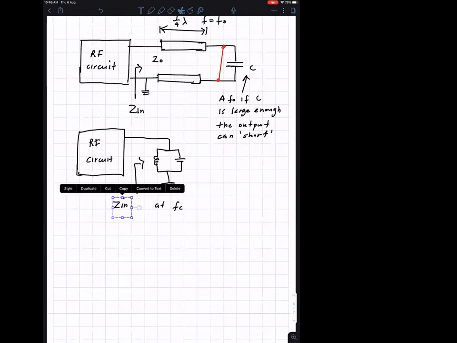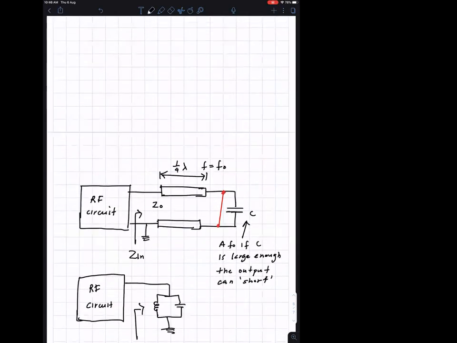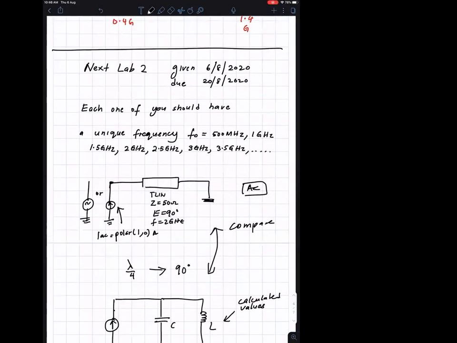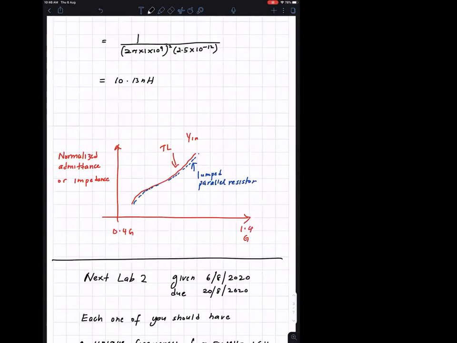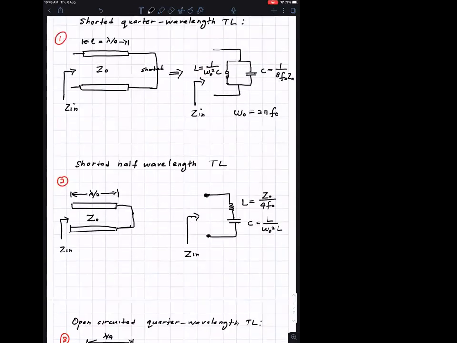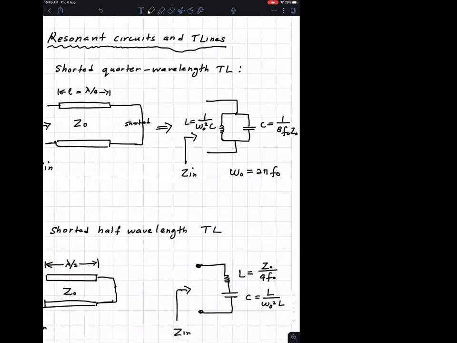It will see an open circuit at the frequency of operation, because for a quarter wavelength, we already went through this last time. A parallel resonant circuit at the frequency of operation will be an open circuit.